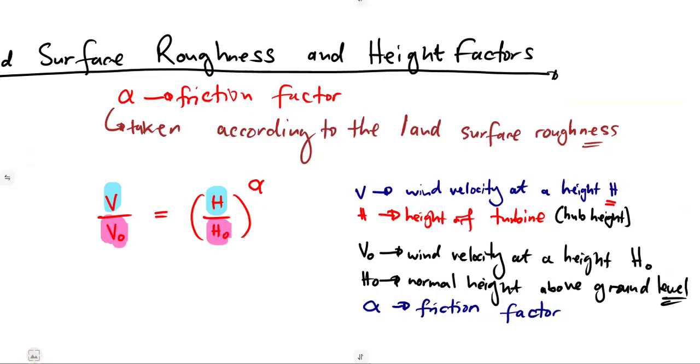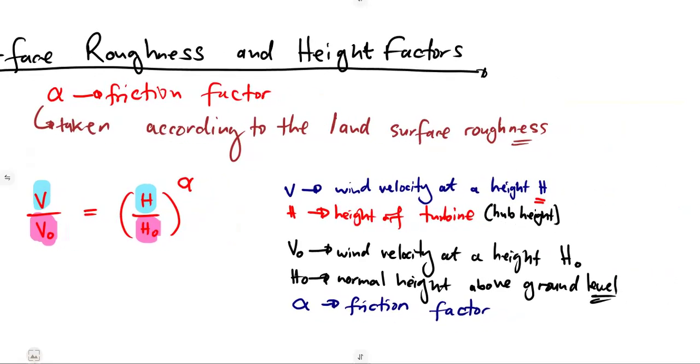Remember, guys, the units as before: the wind velocity is measured in meters per second, and the height in meters.